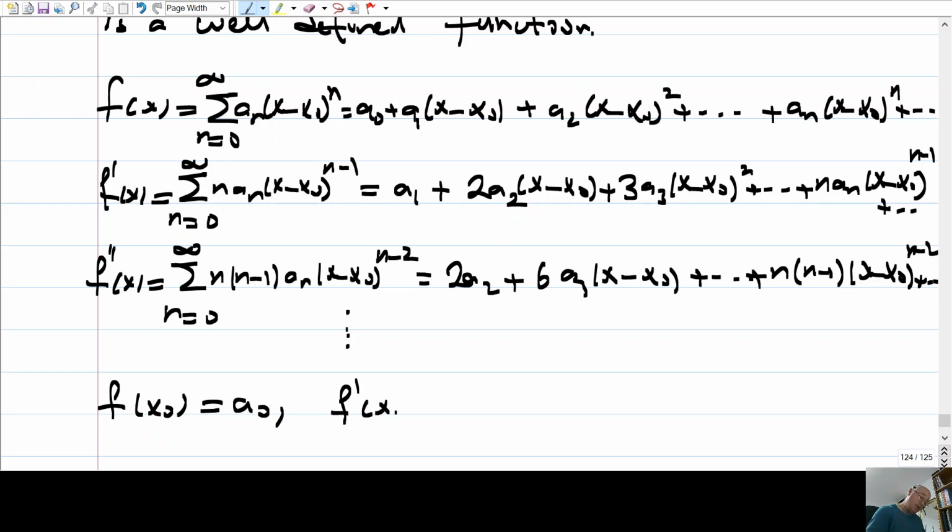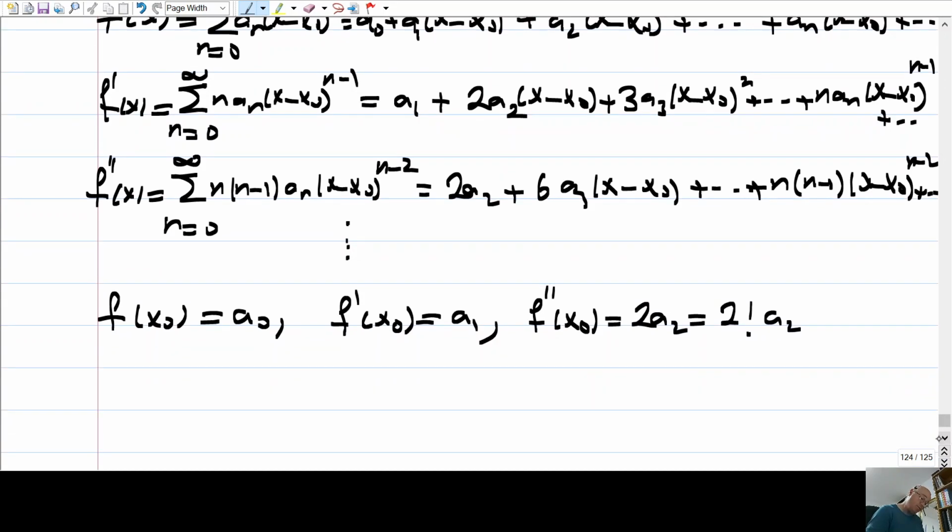If I plug x0 in the derivative, again all these terms will be 0 except the first one, so it will be just a1. And similarly, the second derivative will be 2a2, but let's write it as just 2 factorial times a2.